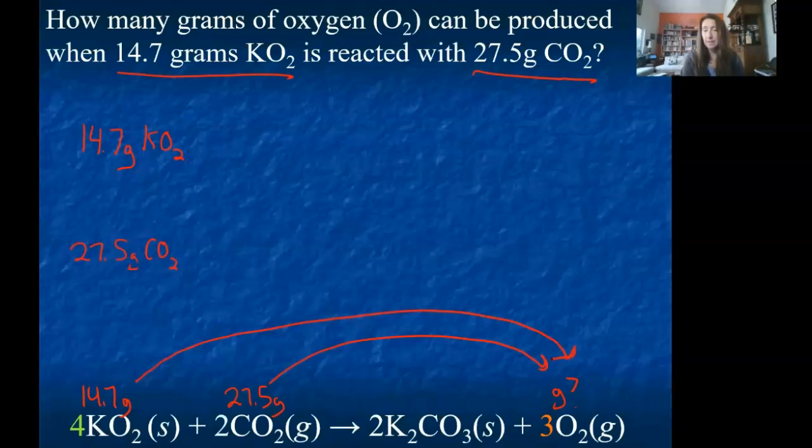Whichever one ends up being the smallest, that's our answer. So now we'll do the KO2 first. KO2's molar mass was 71.1, I'm pretty sure. And again, that was just from adding it up on the periodic table. Good practice for your exam.